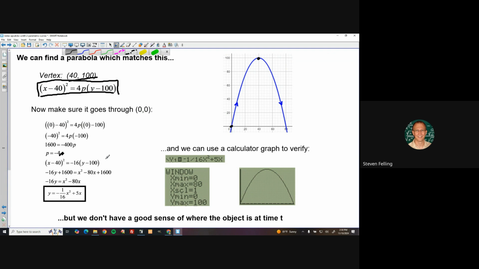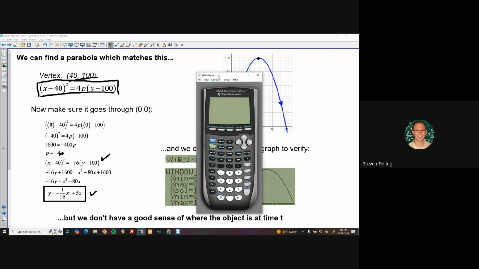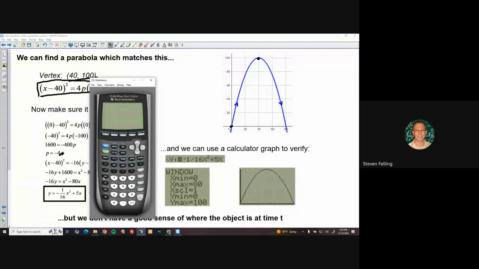So now we have this standard equation, and if you end up solving this for y, you end up getting y is negative 1/16 x squared plus 5x. And we could even graph that, use our technology if we happen to have a calculator and we're allowed to use a calculator. Maybe we could plug that equation in, take our calculator and go to y equals and enter negative 1/16 times x squared plus 5x.